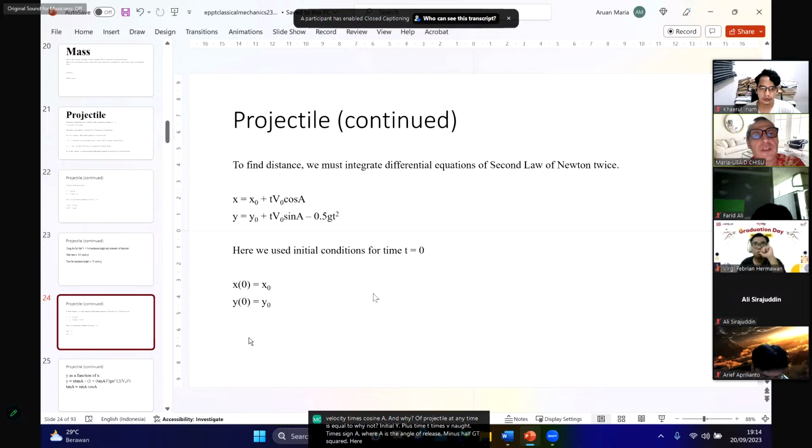Here g is the gravity acceleration and t is time. We also use the initial conditions, which means at time 0, x of 0 is equal to x naught, and y of time 0 is equal to y naught. That's how we get the equations for x and y. That's what we have done last week.